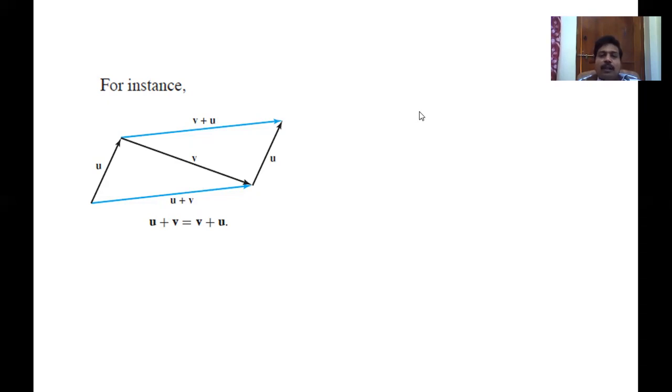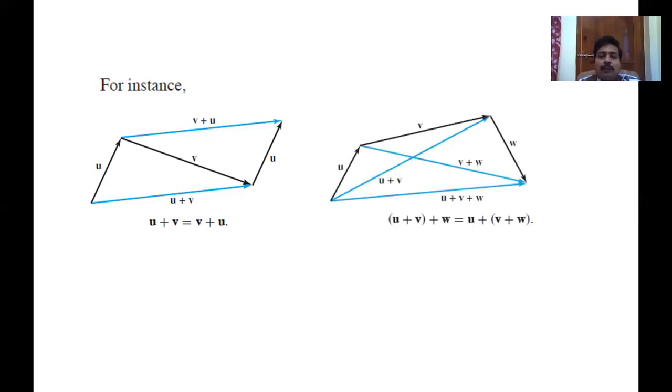Similarly, the associative law can also be verified. This is U, V and W. So U plus V is this one.